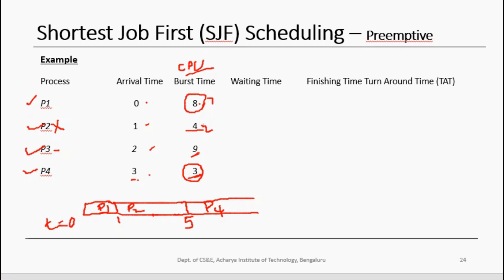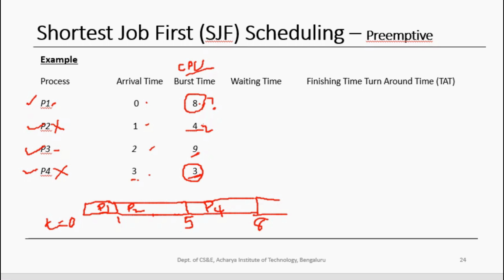So P4 runs till 8 time units. At time t is equal to 8, which one is picked up for execution out of the remaining two processes? It is P1 because its next CPU burst time is 7, whereas the next CPU burst time of P3 is 9.